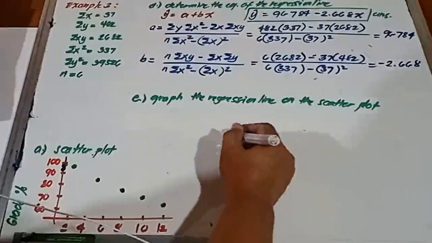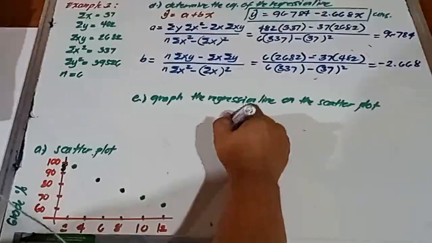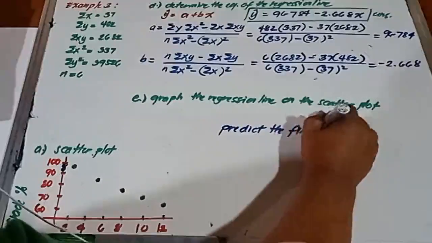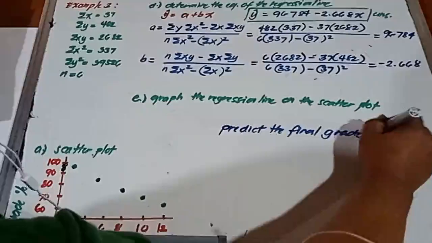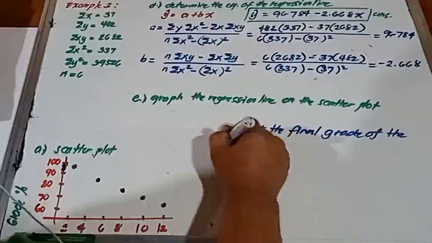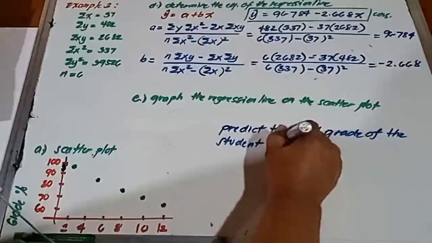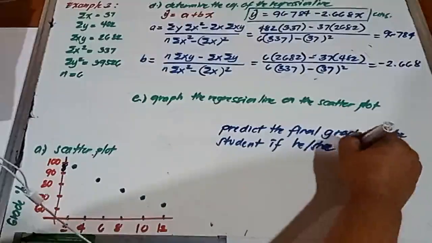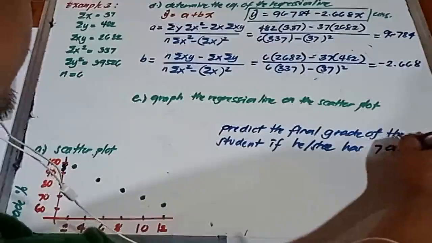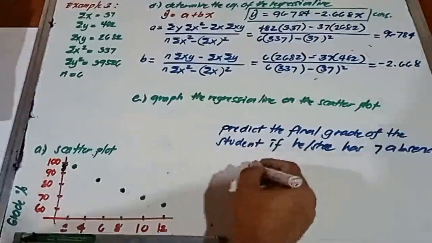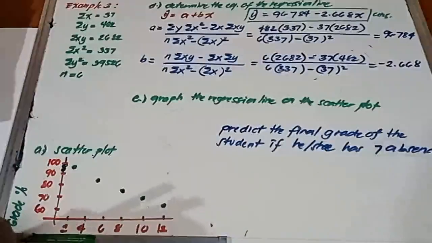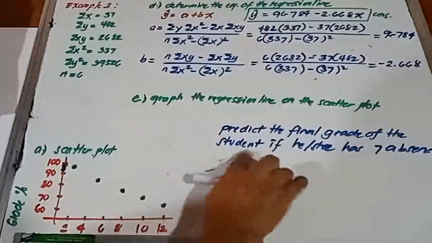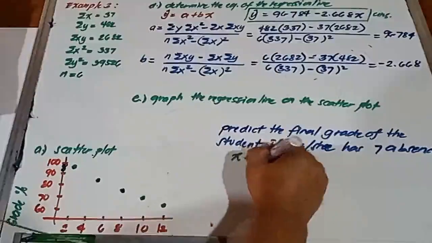Let's say, predict the final grade of the student if he or she has, let's say, 7 absences. Okay? So, pag 7 absent niya, x equals 7. Hanapin natin si y.